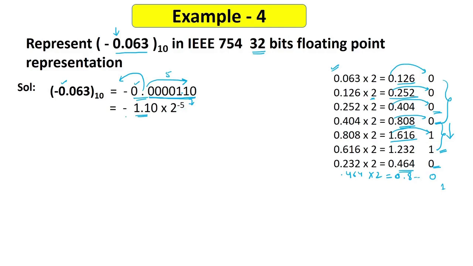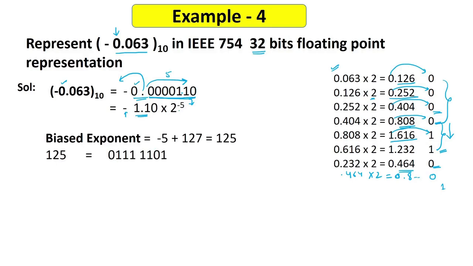Okay, and this is the negative sign. So this is my normalized form. Now what is the next step? My next step is to calculate the biased exponent. So the biased exponent will be this true exponent, that is -5, plus 127, because I am taking 32-bit representation, that is single precision. So I got 125.